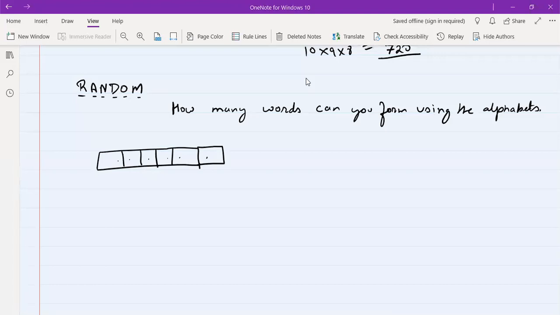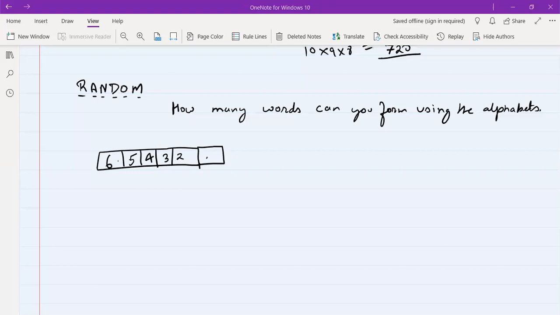Okay, now tell me, for the first position, how many options do we have? 6. Very good. For the second position, how many options? 5. Third position, 4. Then fourth position, 3. Then 2.